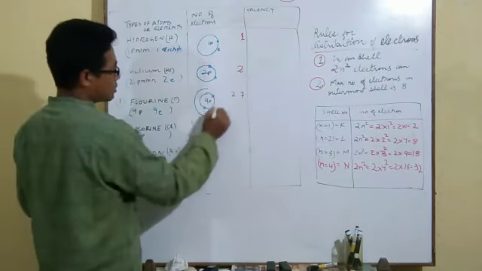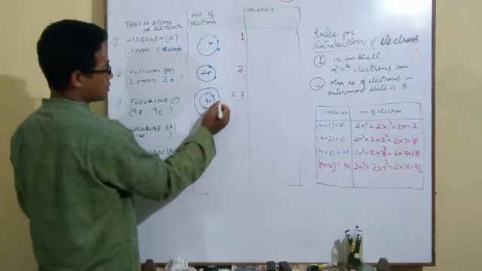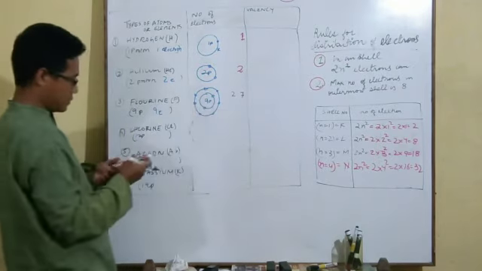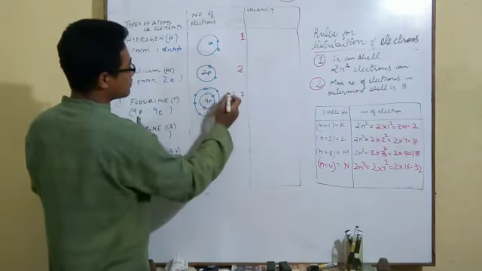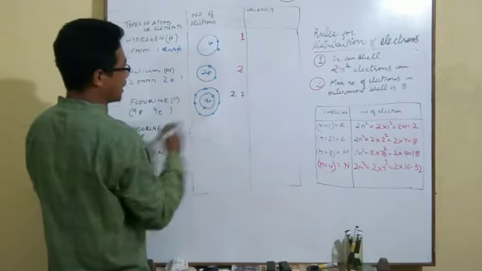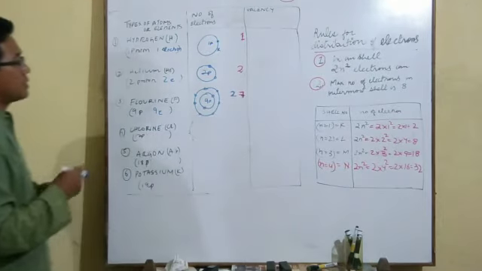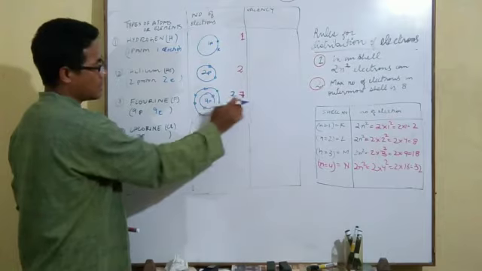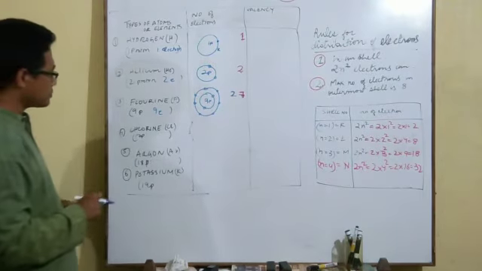And in the second shell you can put 7. 1, 2, 3, 4, 5, 6, 7. So here we go. I've already put here 2 and 7. So in the first shell we have 2 electrons. In the second shell we have 7 electrons.